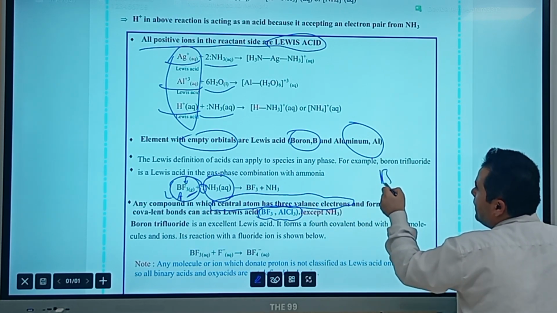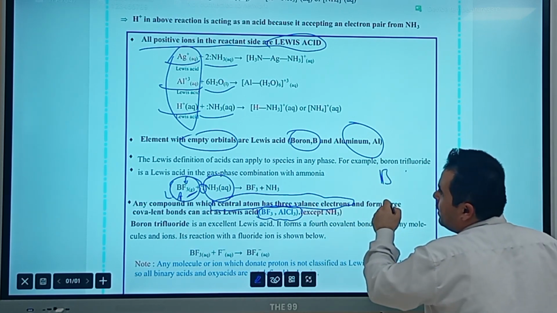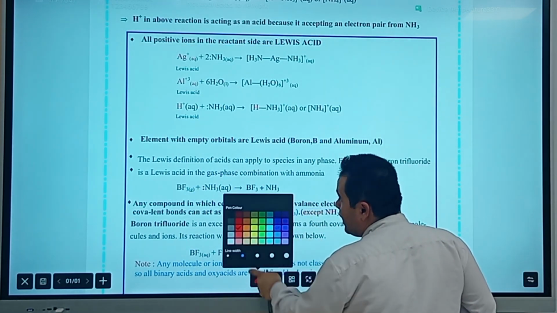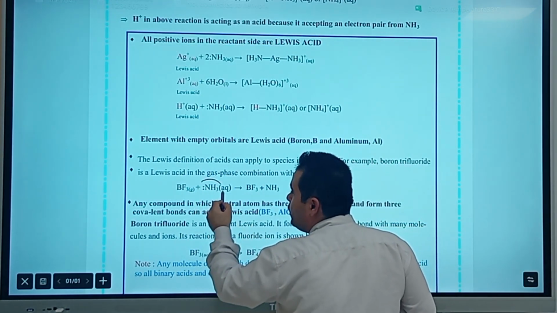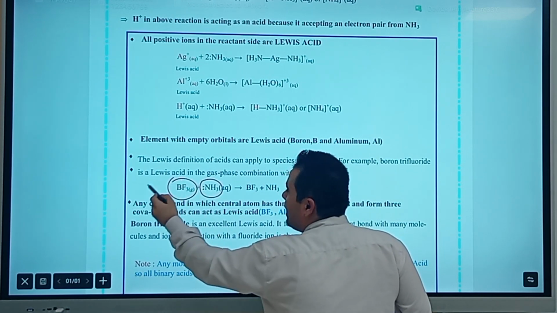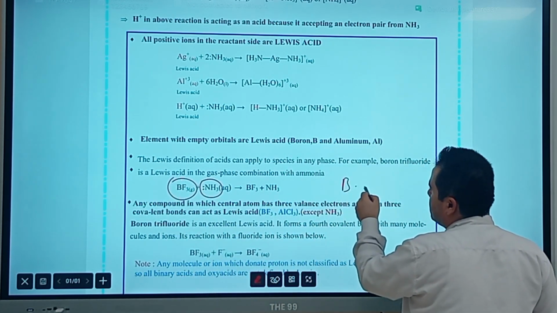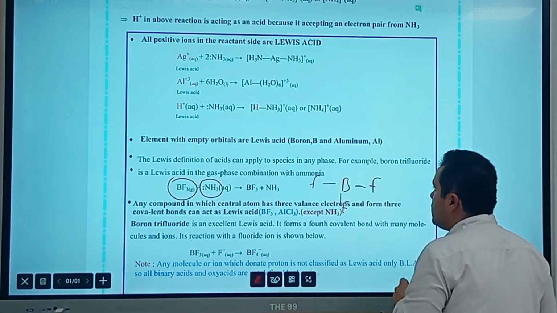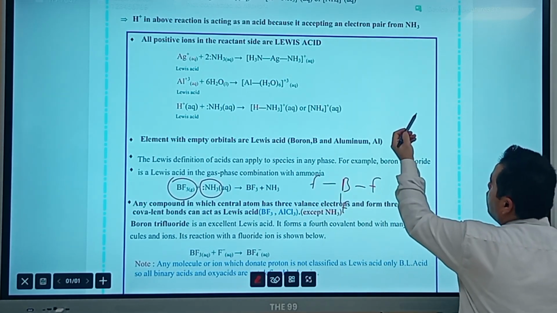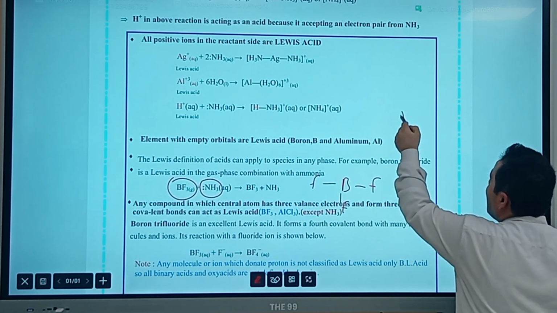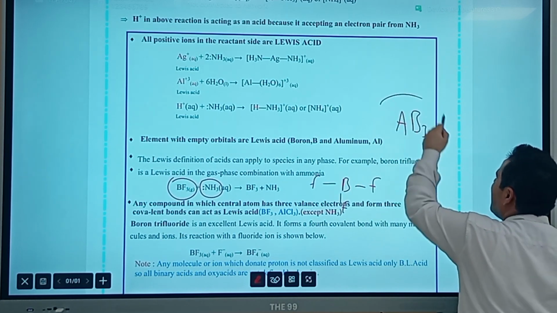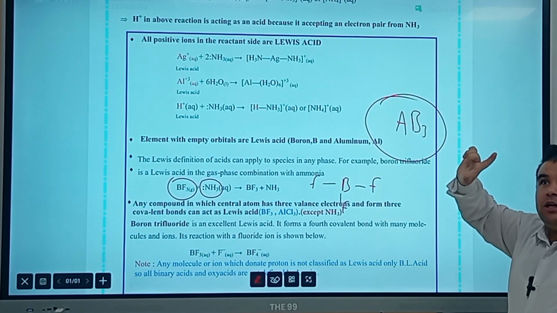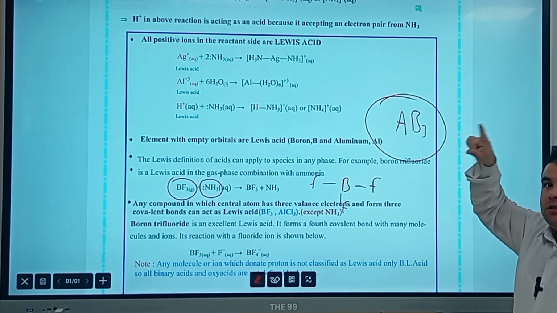Guys, here we have the BF3 reacting with ammonia. B is the central atom, forming 3 covalent bonds with F. So the general form of this compound is AB3, where A is the central atom and the B are the atoms surrounding the central atom.